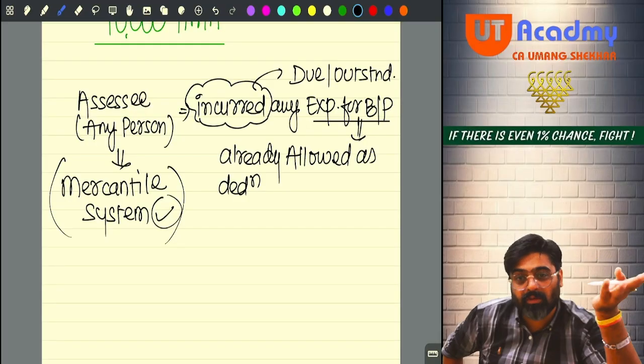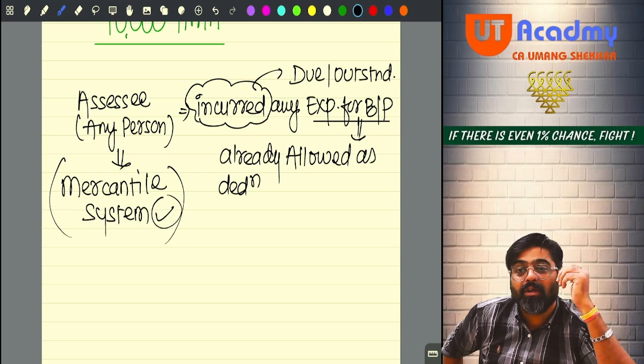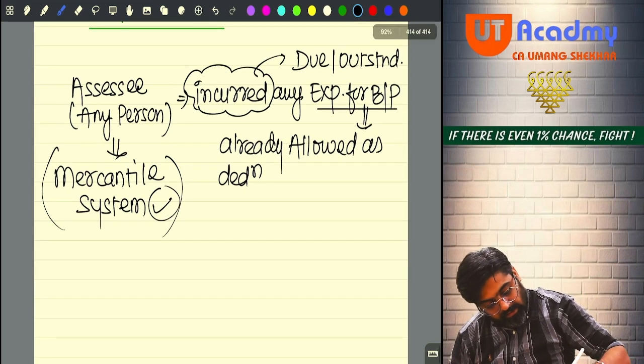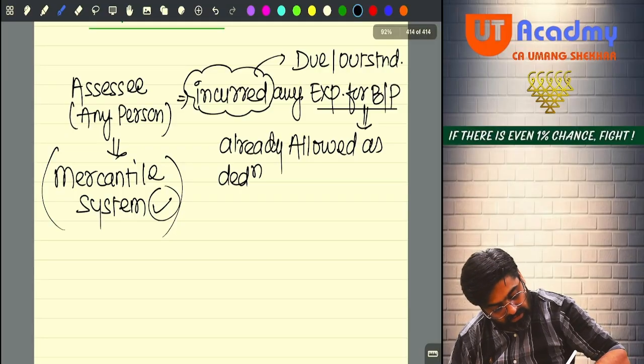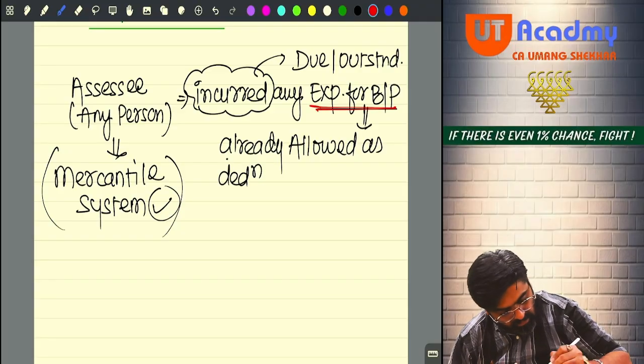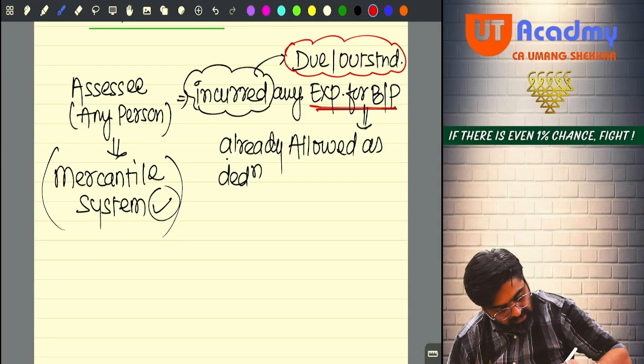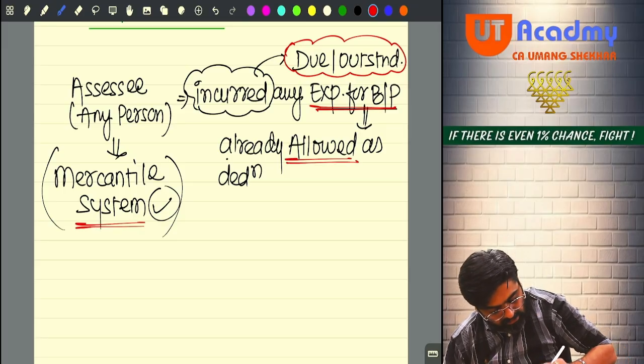And they used to claim the deduction on what basis? Due basis. Now, against this expenditure for which the deduction is already allowed, expenditure for business or profession on due basis only, outstanding basis, it is allowed. Why? Because the assessee is following the mercantile system of accounting.